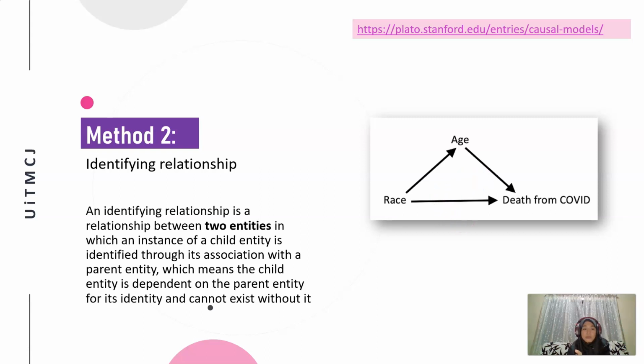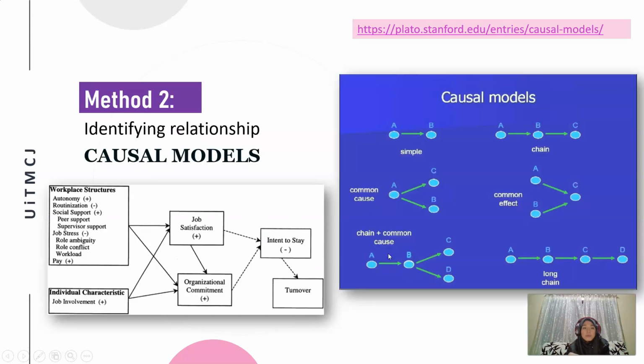So you want to find the relationship. Now we look at causal models. In this method we use causal models to find the effect. If you look at the example diagram here, you can see workplace structure, individual characteristics, job satisfaction, organizational commitment, intent to stay and turnover.